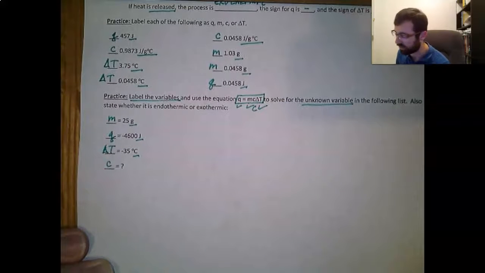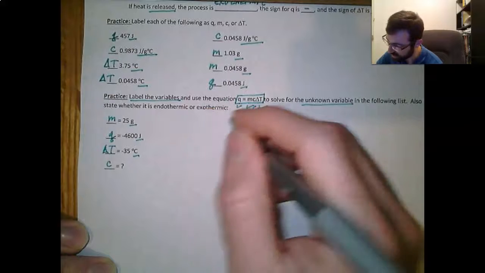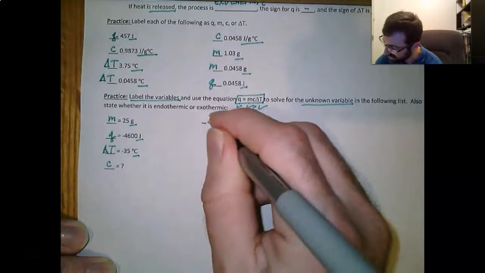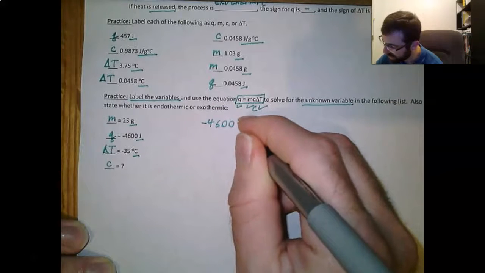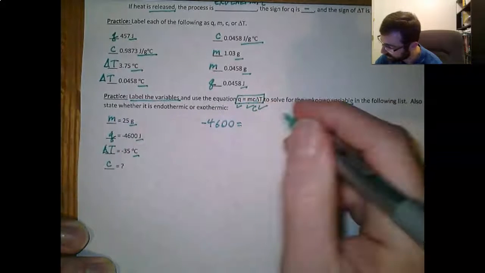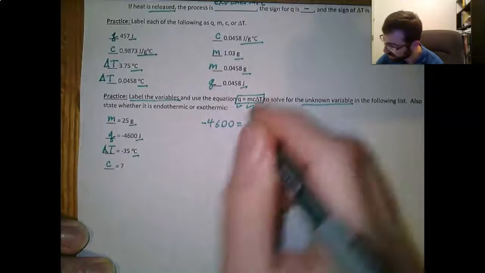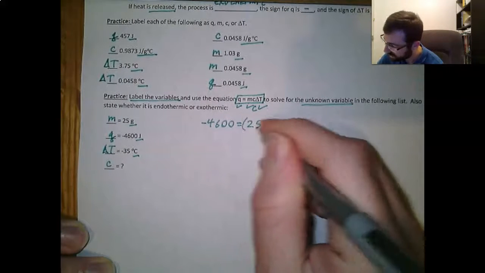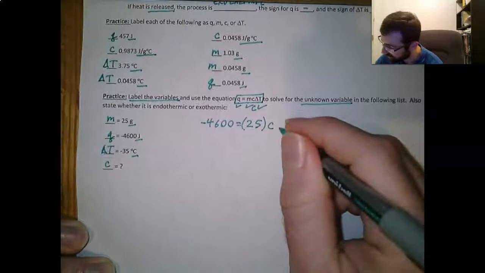All right, now I could solve for my problem. Q equals MC delta T. Q is negative 4,600. Q equals, and then mass is 25, times C. That's my unknown, so I'm going to put C. And then delta T, negative 35.